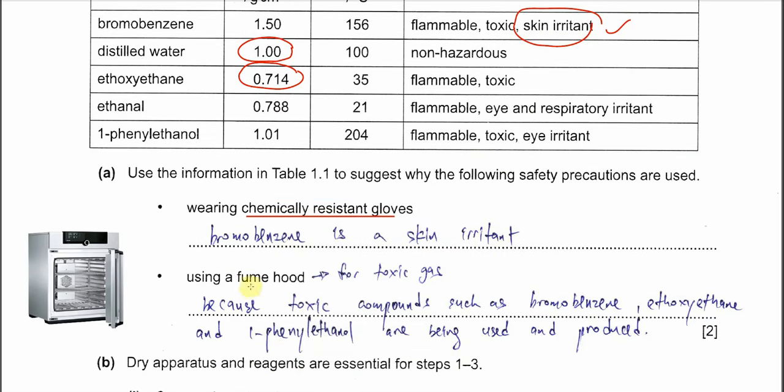Second precaution is to use a fume hood. Whenever you use a fume hood, remember it might involve toxic gas. Whenever toxic gas is used in the reaction or produced from the reaction, it's better to conduct the experiment in the fume hood, because the fume hood has suction that sucks out all the gas from the reaction, so we will not be affected.